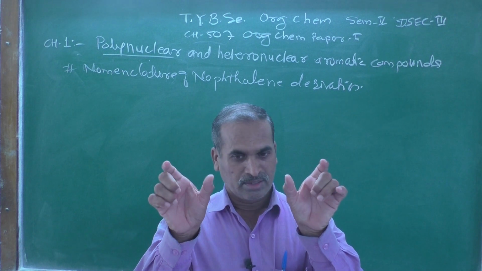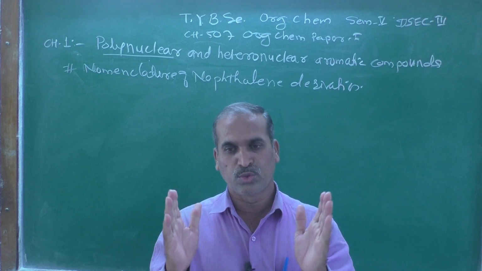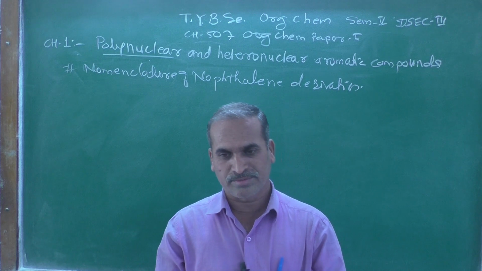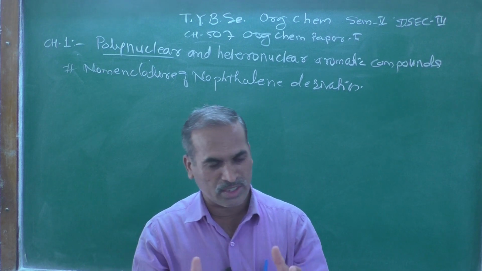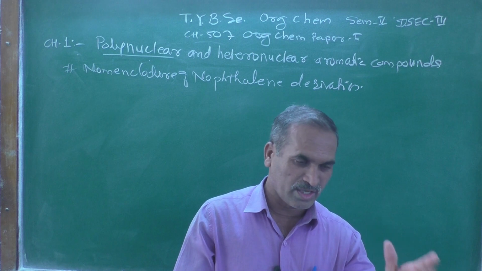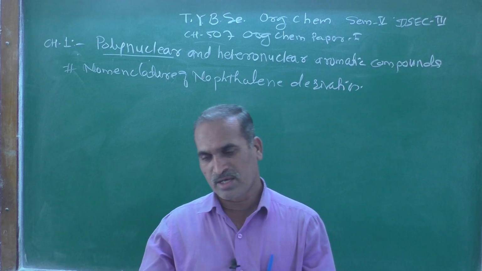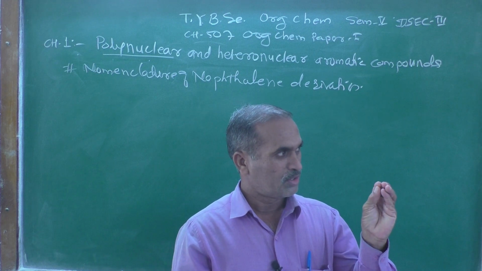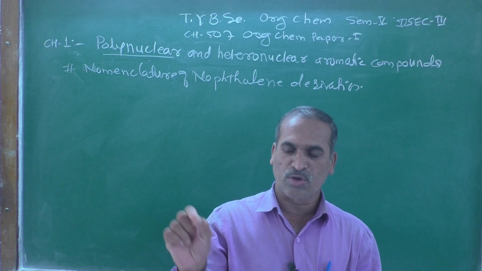And there are two types of aromatic compound. One we can call polynuclear aromatic compound, another we can call heteronuclear aromatic compound.